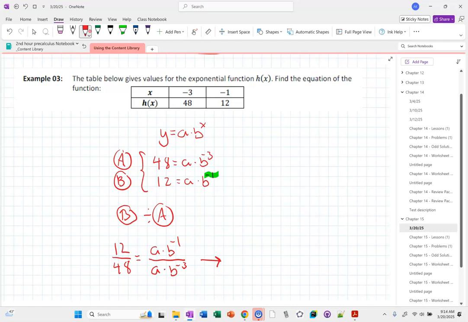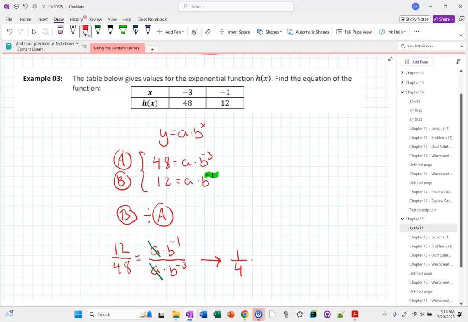So 12 over 48 just reduces down to 1/4. Everybody's okay with that? Okay. On the right-hand side, the A's just reduce out.